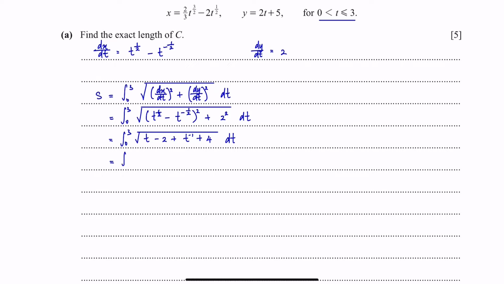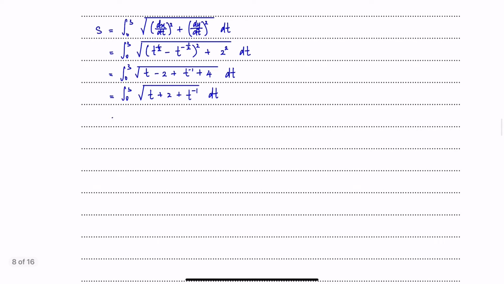Yes. So now we have t plus 2 plus t to the negative 1, square root the whole thing. And we can factorize this as t to the half plus t to the negative half, squared, and square root the whole thing. And now this will be much easier, which is just t to the 1 over 2 plus t to the negative 1 over 2.